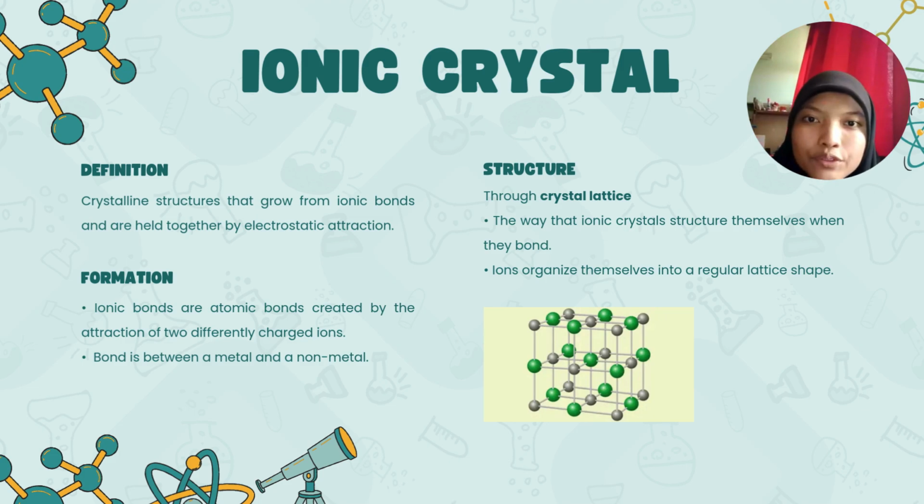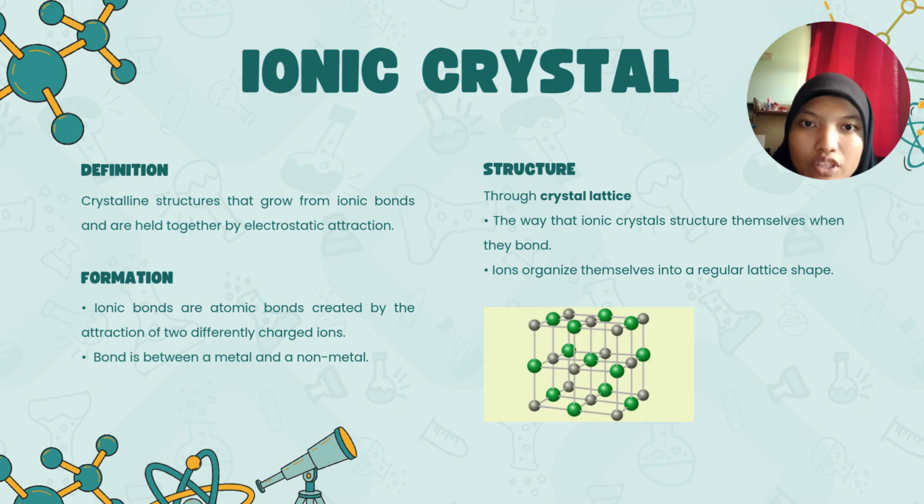Now we move on to the next part, which is ionic crystal. The definition of ionic crystal is a crystalline structure that grows from ionic bonds and is held together by electrostatic attraction. The ionic crystal formation is created by the attraction of two differently charged ions, which is between a metal and a non-metal, where the metal loses electrons to become a positively charged ion, while the non-metal gains electrons to become a negatively charged ion.